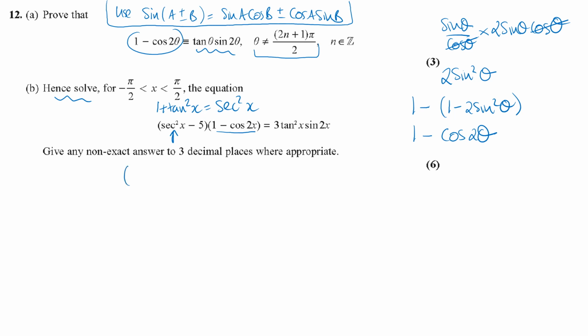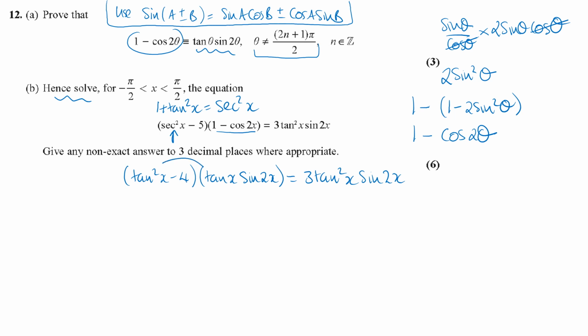So that first bracket will be tan squared x minus 4. And then the second bracket using our identity from part A will be tan x sine 2x, and that is equal to 3 tan squared x sine 2x.